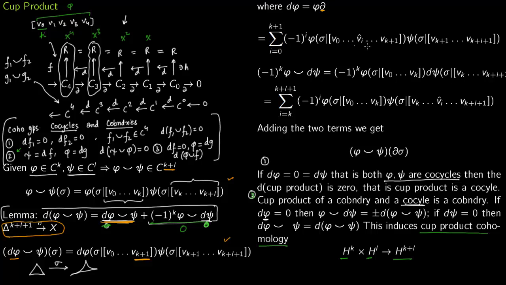This is exactly what it is in homology, and we copy down this definition of applying partial to this sigma. This partial is applied to this entire sigma, from v0 to v_{k+1}, and that is how you get the summation sign and minus 1 to the power of i. This second term you don't even touch, you just copy it like this. Now we focus on this part.